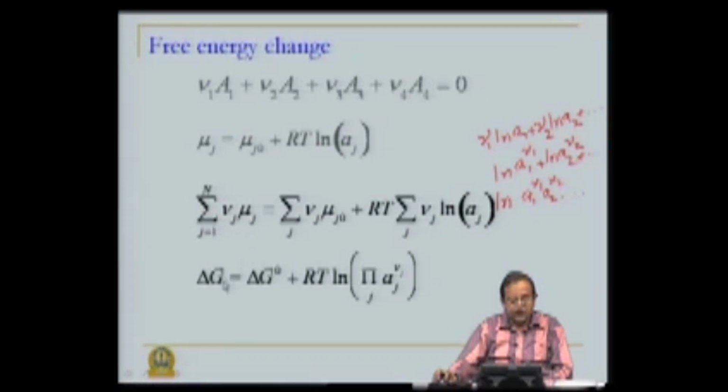In other words, we represent it in a slightly different form: this is my free energy change delta G, as it relates to the standard condition free energy change, which is summation nu_j mu_j0, plus RT ln the product of A_j raised to nu_j, with the product carried over all the terms of this equation.